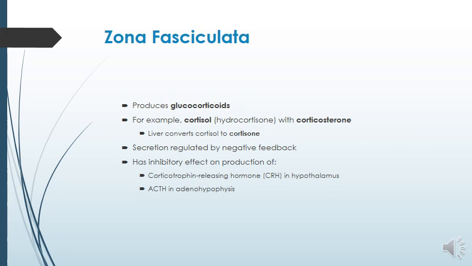The middle region, which is called the zona fasciculata, produces glucocorticoids. For example, cortisol, which is hydrocortisone, with corticosterone, and the liver converts the cortisol to cortisone. The secretion is regulated by negative feedback, and it has an inhibitory effect on the production of corticotropin-releasing hormone, which is in the hypothalamus, and ACTH, which is produced in the anterior pituitary or the adenohypophysis.